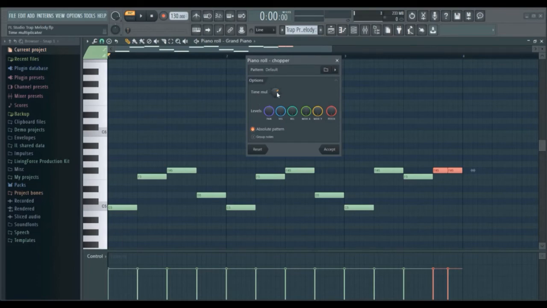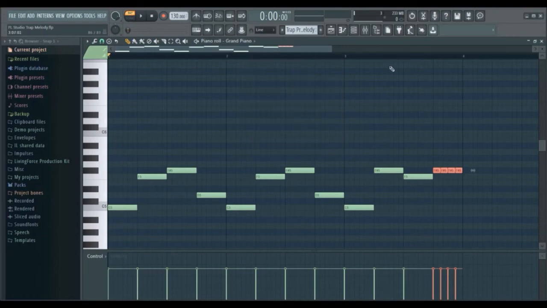Or we could do a little variation, a subdivision of that to 16th. So we just move our slider down on our time mult. Now we can give this more of a classical feel. Now let's listen.